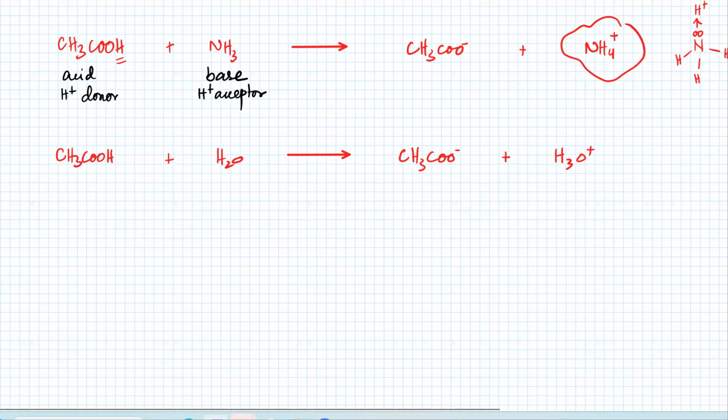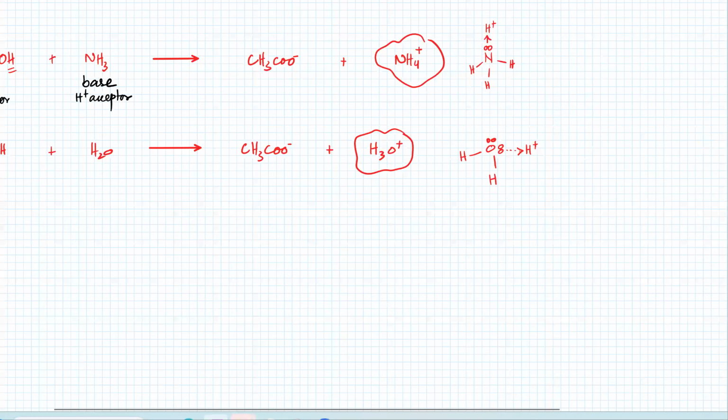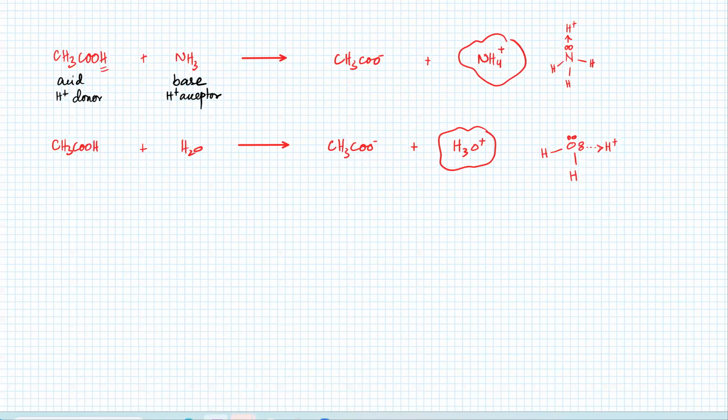And this water would also look like this: there's a water molecule, and the water molecule is going to attract an H plus because it's got lone pairs, two of them actually. And it will become H3O plus, okay? Is that clear? Yep, that's clear.